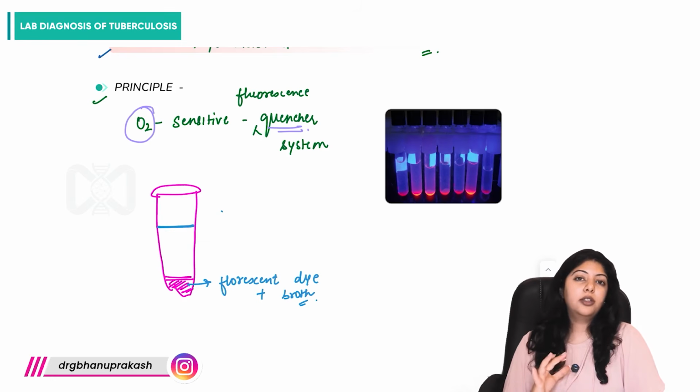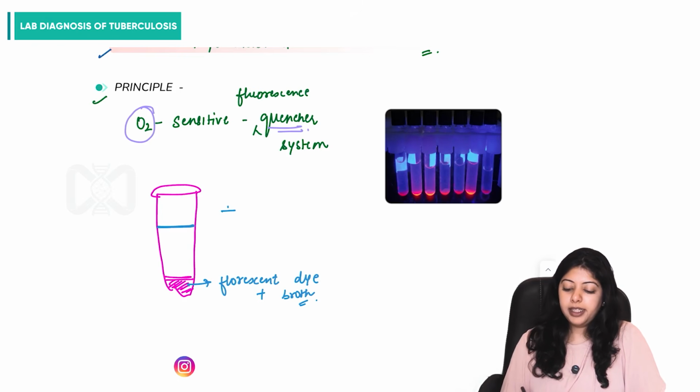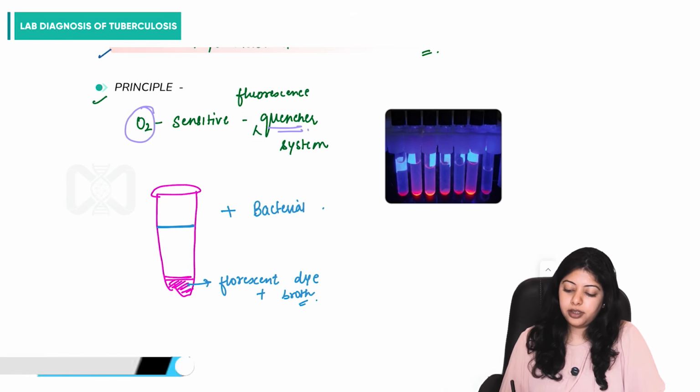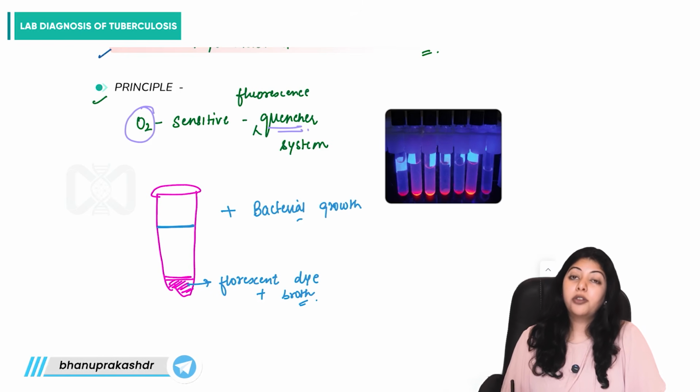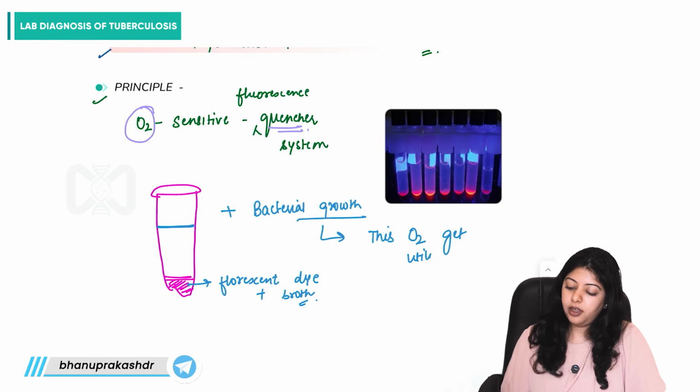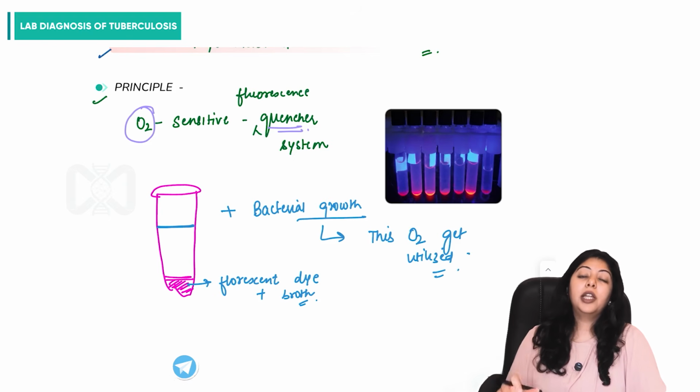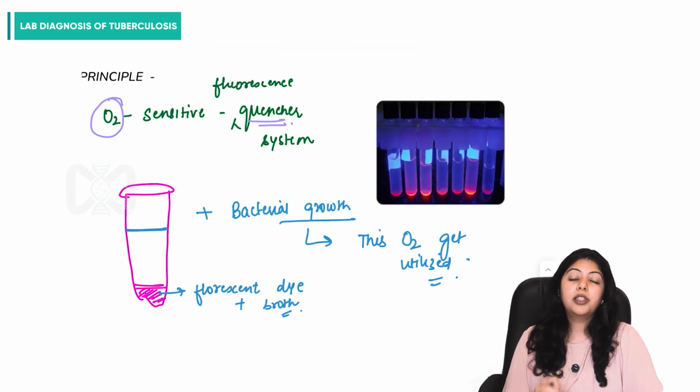Initially there is a lot of oxygen in the media, right? But if any bacterial growth occurs, this oxygen gets utilized. Since the oxygen had quenched the fluorescence, it was not allowing the fluorescence to appear.